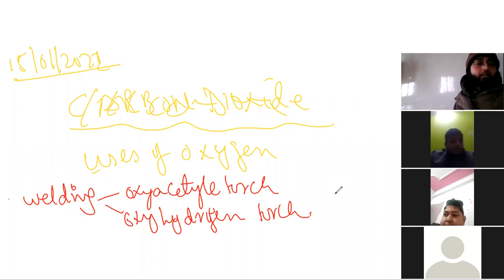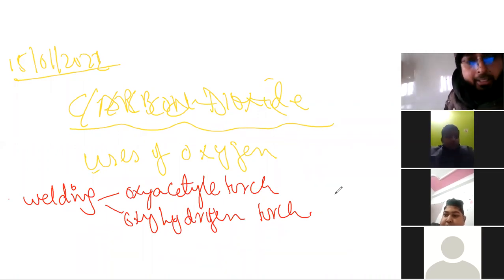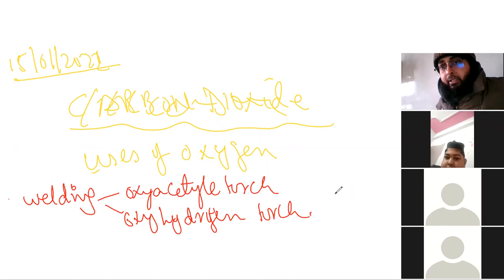When you go to a shop, there are several types of welding. One is welding on iron objects, iron materials. Another type is welding on aluminum or steel material. Remember this thing: welding is not of only one kind; there are several types of welding. Is it clear, beta? Yasir Raza, is it clear? Yes, sir.